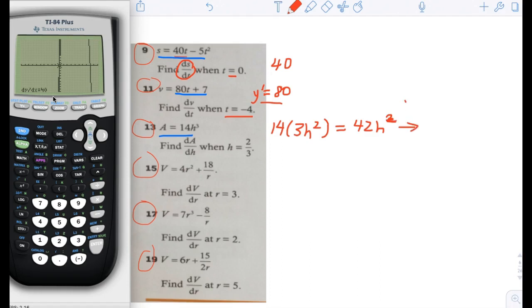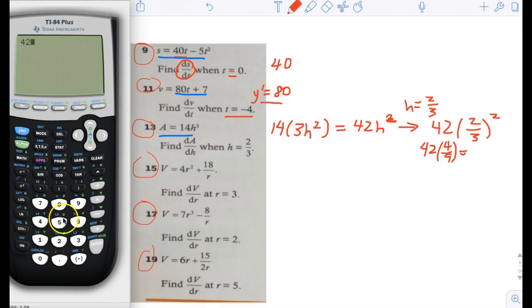So I'm going to plug in h equals 2/3. So that's going to be 42 times 2/3 squared. 2/3 squared, that's 4/9, right? So it'd be 42 times 4/9, which I'm going to have to do on the calculator.